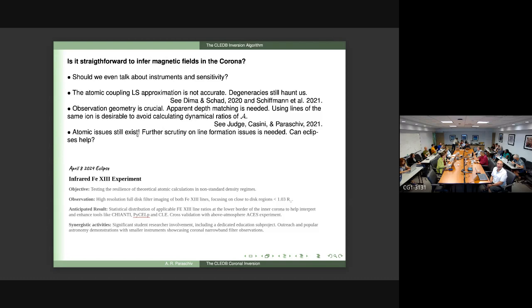Now, even after all of this, atomic issues still exist. So for the moment, we have two forward synthesis codes that we can use to synthesize Stokes profiles for the iron-13 lines and the silicon-10 and the silicon-9. What we found out is that those two codes don't really agree with each other in the more extreme density range when you go to low heights.